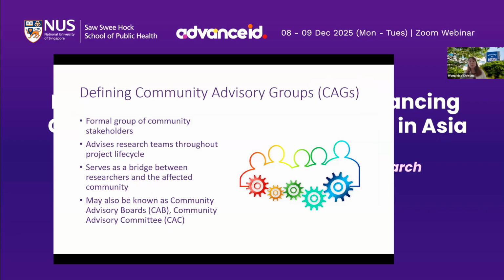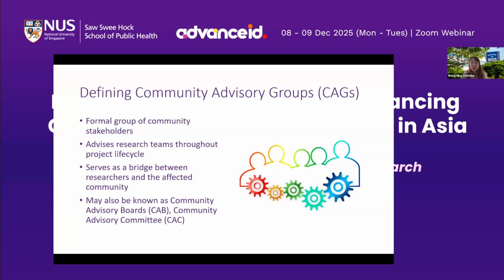Today, I'd like to talk about a more formal group to engage the community. A community advisory group typically comprises people who represent or are affected by the research. They provide ongoing feedback, not just at the start of the research, but also throughout the research journey, and can also serve as a bridge between the researchers and the affected community. The aim is to ensure the research reflects community needs and values.